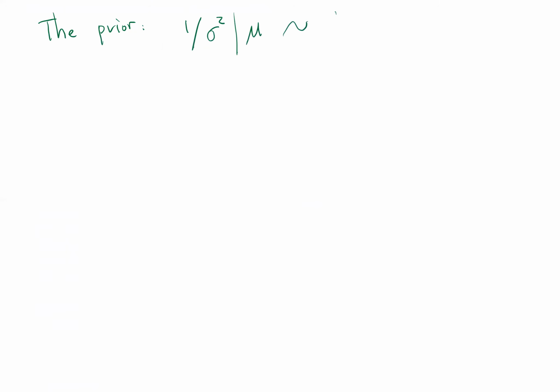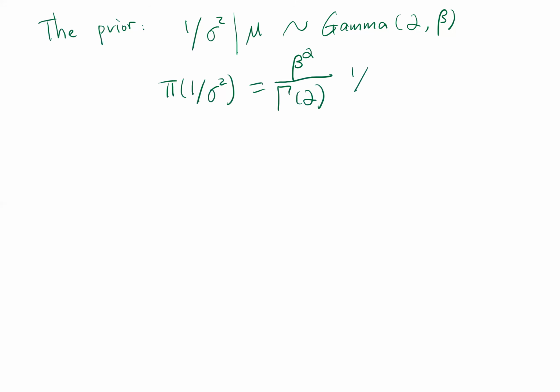It is Gamma(alpha, beta). So the density is beta, the second parameter, raised to the power of alpha, over gamma function of alpha, times 1 over sigma squared, which is the unknown parameter, raised to the power of alpha minus 1, and then the exponential term.